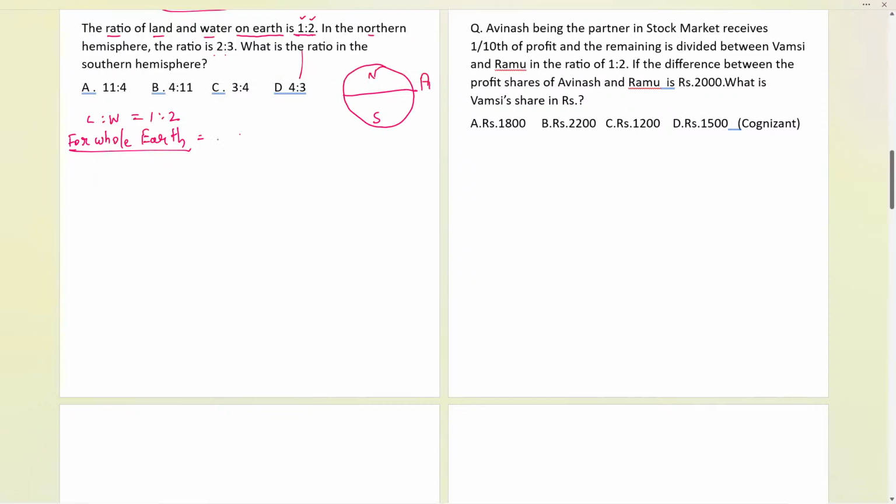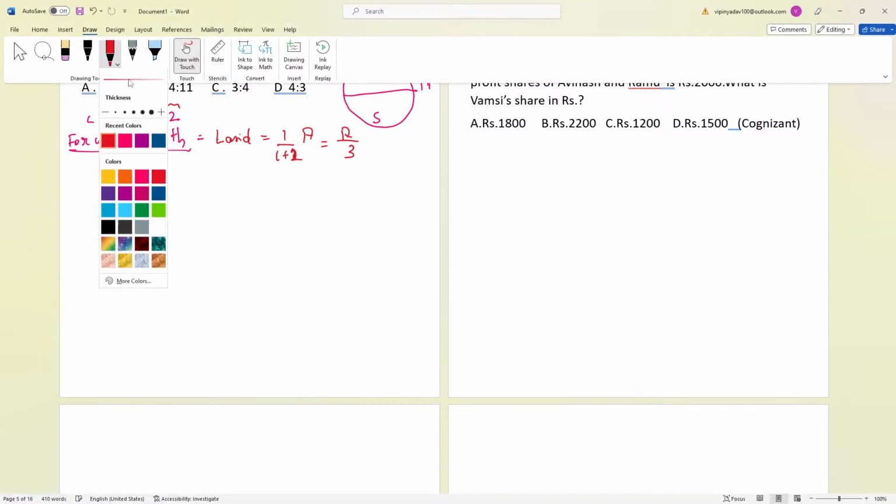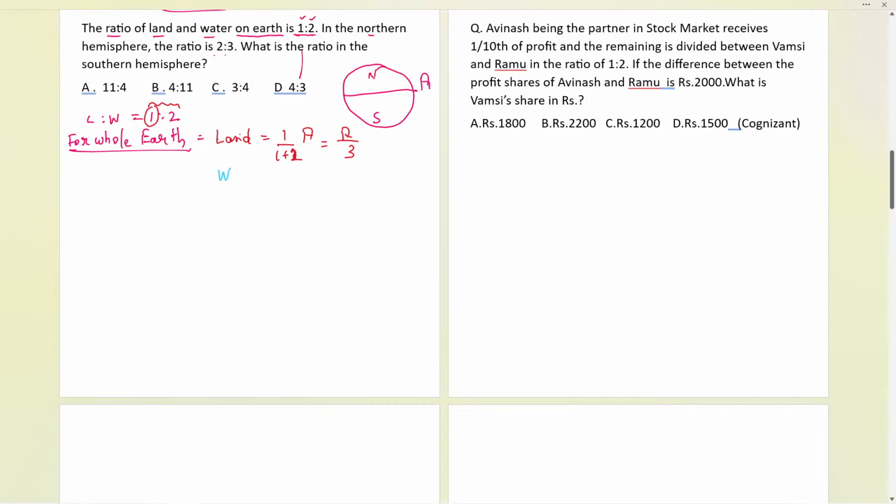Land: one part out of three parts, so this is the fraction of A. That will come out to be A by 3. Similarly, the next is water.